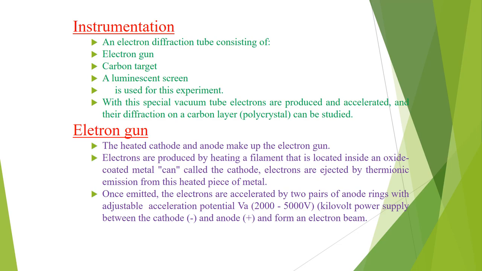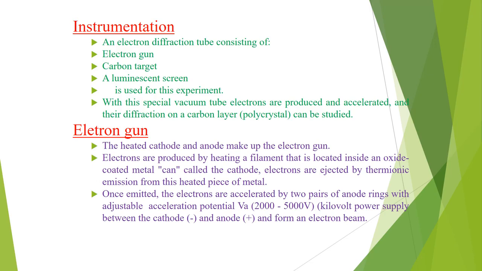Electron gun. The heated cathode and anode make up the electron gun, and the electrons are produced by heating the filament that is located inside the oxide coated metal can, which is called the cathode. Electrons are ejected by thermionic emission from this heated piece of metal.